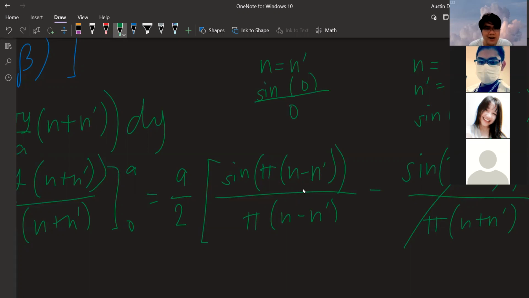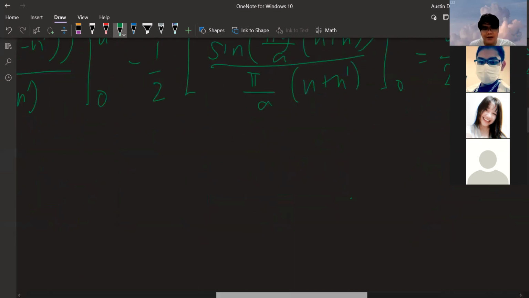Okay? Kung naaalala nyo, yung sin x over x, kapag nag-0 yung mga x, ano mangyayari? This is just equal to 1.